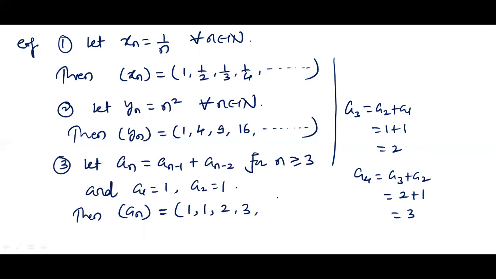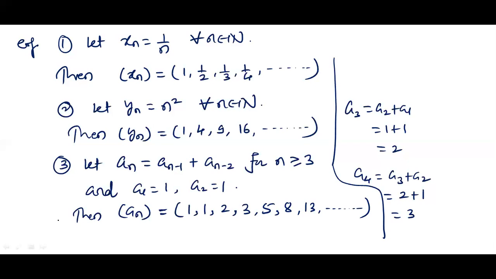You can note that the nth term is nothing but the addition of its previous two terms. Next term of the sequence is 2 plus 3, that is 5. Next term is 3 plus 5, that is 8. Next term is 5 plus 8, that is 13, and so on.